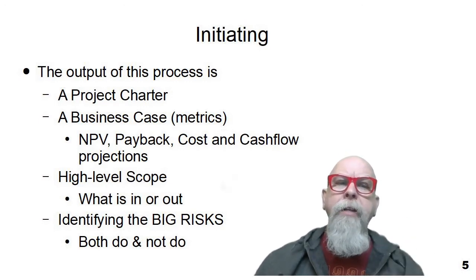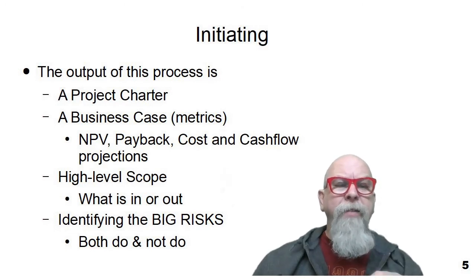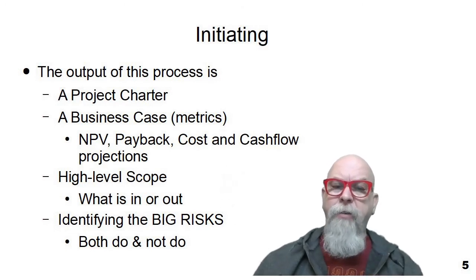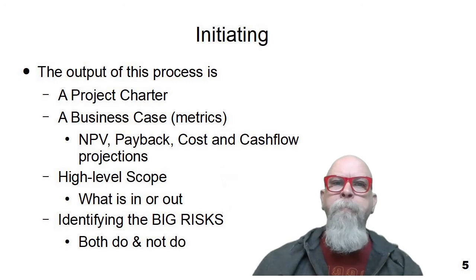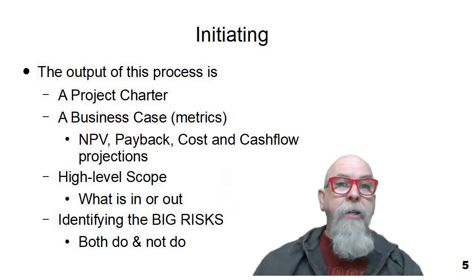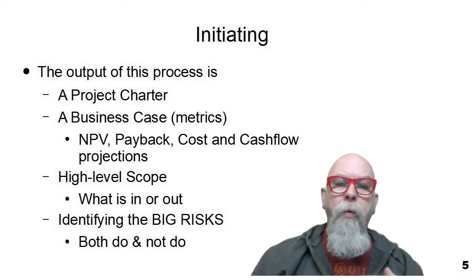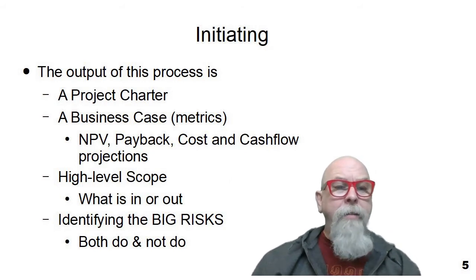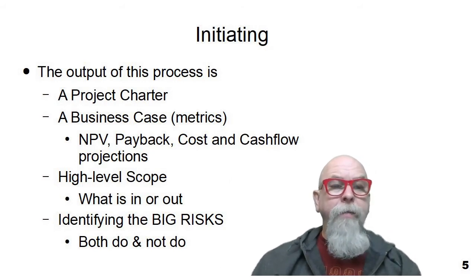We also need, as we initiate a project, to make a list of the big risk factors. What are some of the big risks involved in this project? Maybe there are some financial risks. Maybe there are regulatory risks. Maybe there are some marketing risks. Maybe there are some management risks. And some of the risks may even be positive.